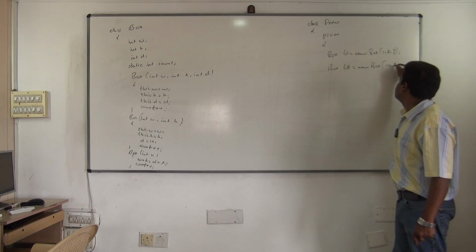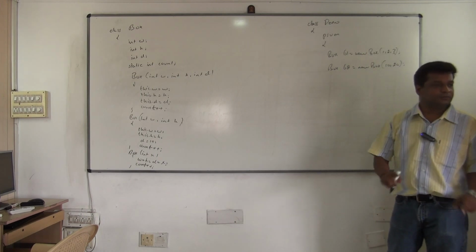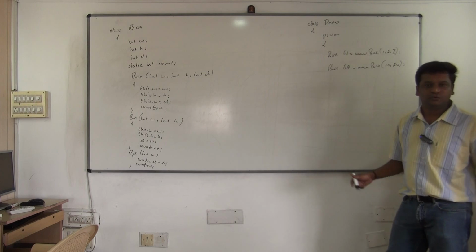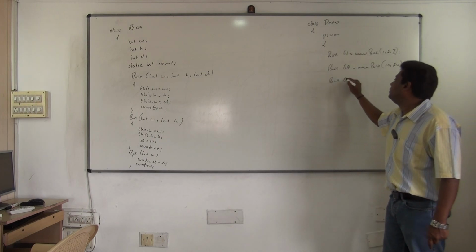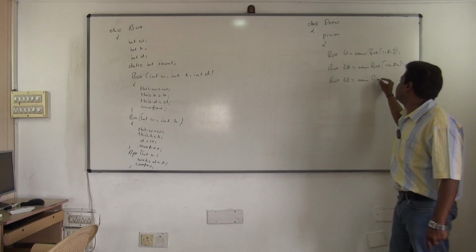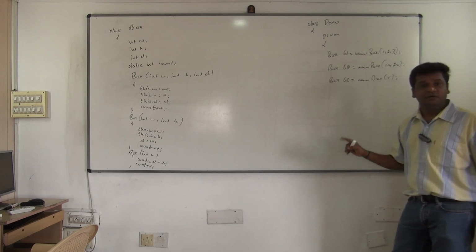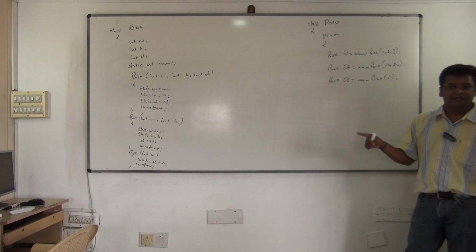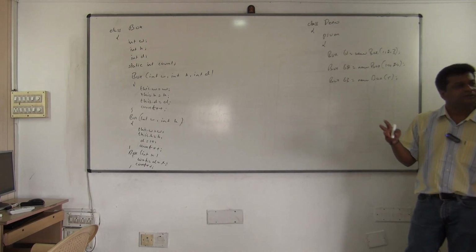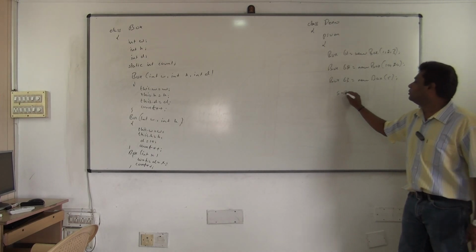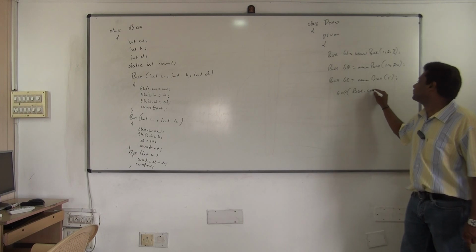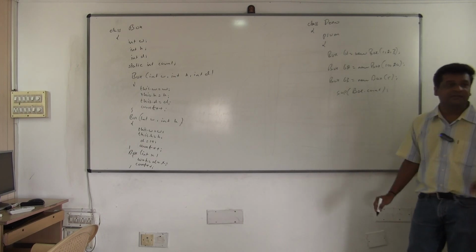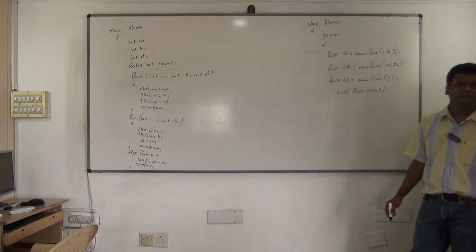I'll call the second constructor. No problem. Now count has been changed to 2. I'll say Box B3 is equal to new Box and I'll send a value of 5. New memory, new object, third constructor gets executed. There also plus plus. So count is now 3. So wherever you want, you print Box dot count. What will be the answer? 3. So you can get the number of objects.